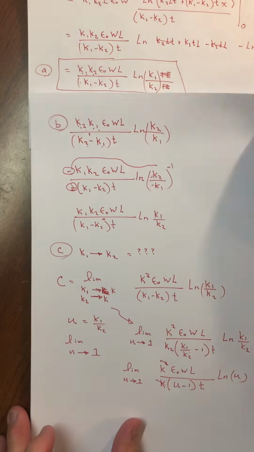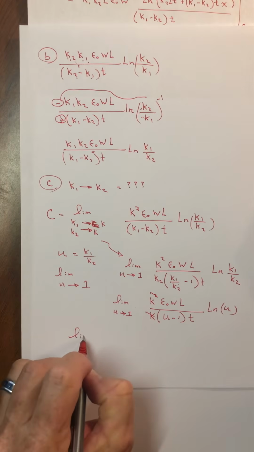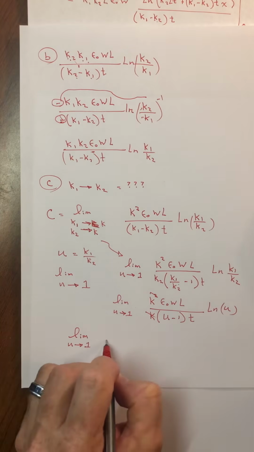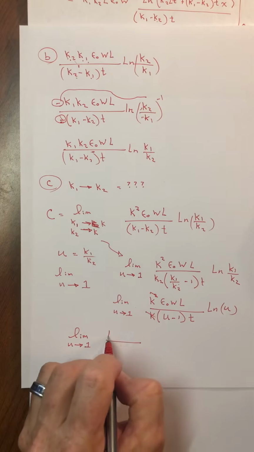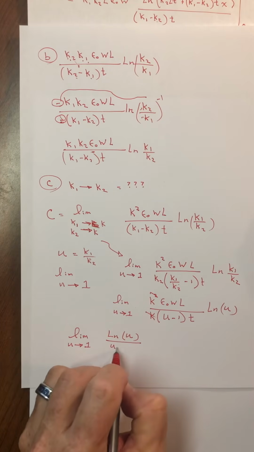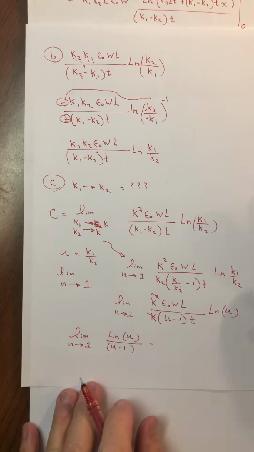And I did all that so that I could really focus my attention on this. What is the limit as u approaches 1 of this stuff here? The natural log of u in the top and u minus 1 in the bottom.